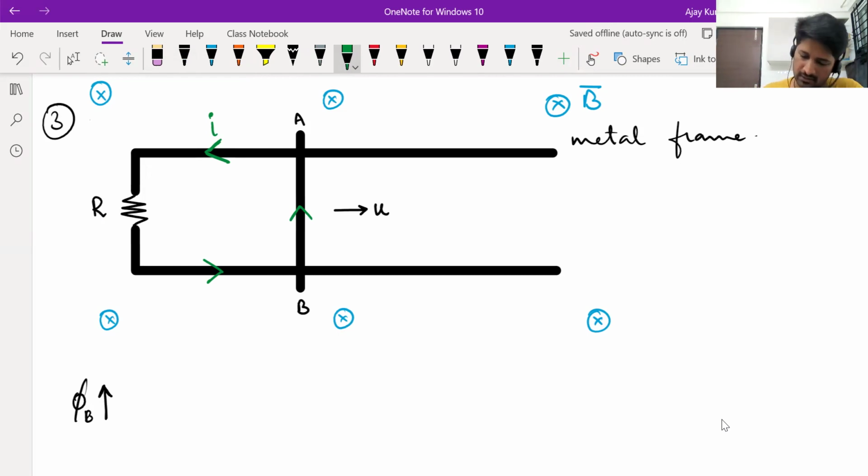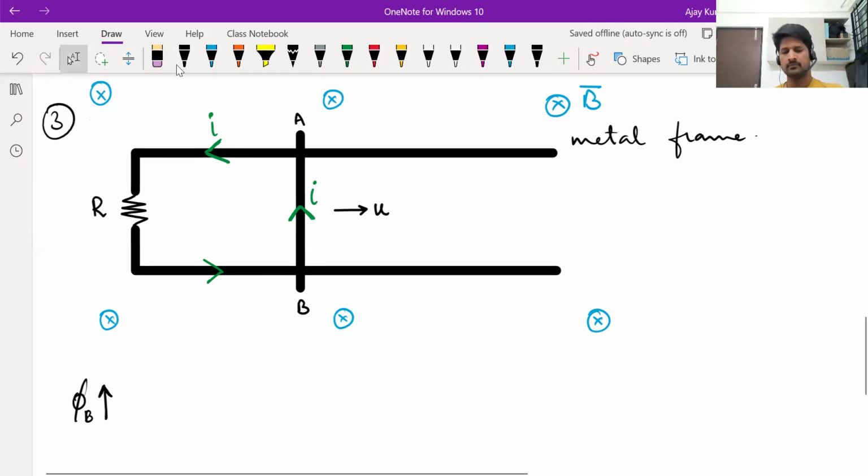As a result, what will happen to the rod? Someone else tell me, if that rod now has a current I passing through it in the upward direction, as you can see, and there is a magnetic field directed into your screen, what happens to that rod? It's a current carrying conductor in a magnetic field.